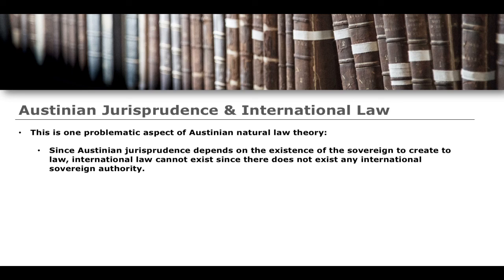There are lots of common lawyers who do not believe international law to be law, not necessarily because of this particular justification, but just generally because it is different to the domestic systems in terms of enforcement and in terms of the ability to apply said law. That's a general critique of international law, but it is quite interesting how an Austinian positivist will derive their understanding of where law comes from in the sovereign. The concept of international law cannot exist as law in the same way according to this kind of positivism.